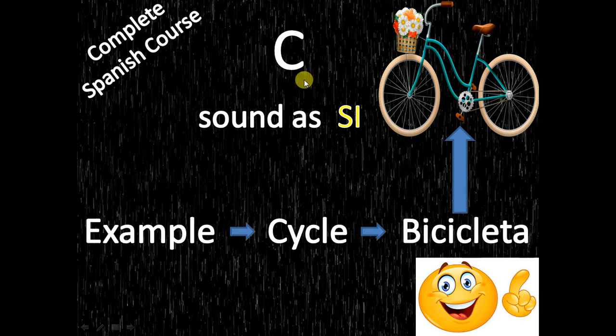Letter C sounds as C. An example, cycle. In Spanish, we say bicicleta. So this CI is called C. Bicicleta means bicycle.